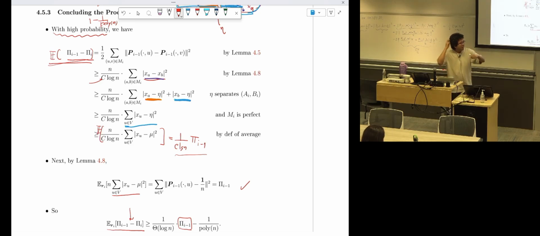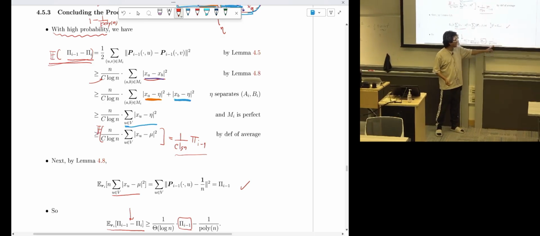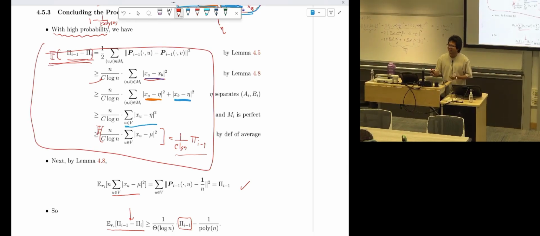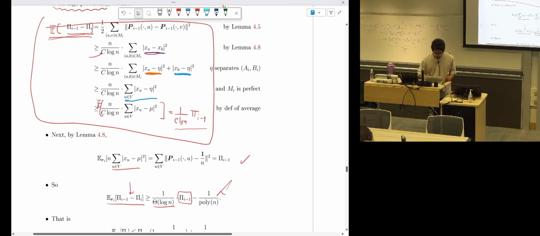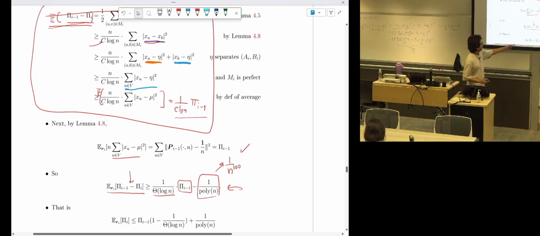So modulo the fact that this inequality only holds with high probability, we need to put this term too. Try to convince yourself that you need this formally. But once you have this, we are basically done. Think of this as something negligible. Why? Because you just rearrange, and now you get that.